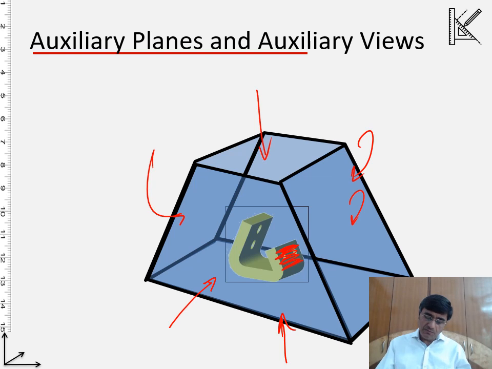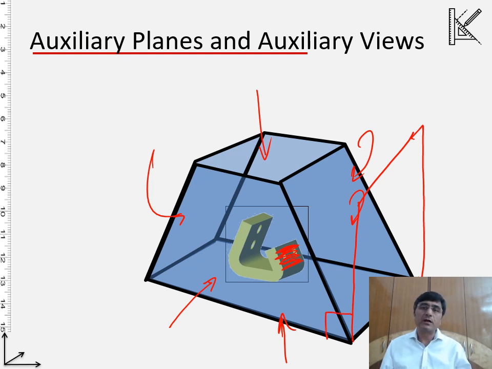Because if I make this plane like this, perpendicular to the bottom plane, then in that case, this plane will correspond to the profile view. And in the profile view, the part that I have colored here will come with distortion. And this is why a new plane, this plane, has been taken.